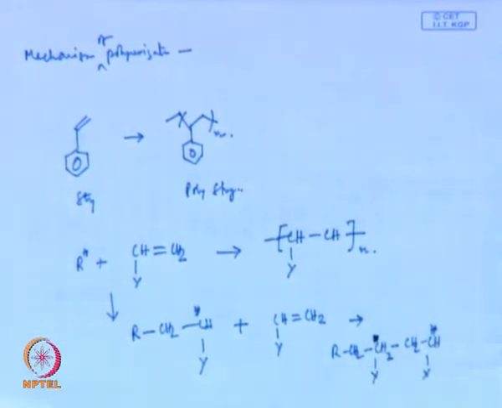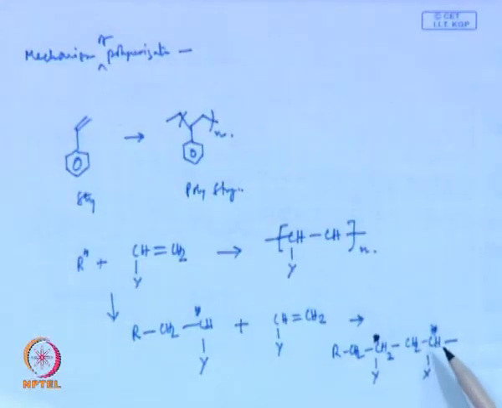Don't consider this dot. So, how are these polymers getting formed? You have an active center on which the next monomer is getting added, and the third monomer will be added in there. So, these types of polymers are getting formed in a chain reaction.